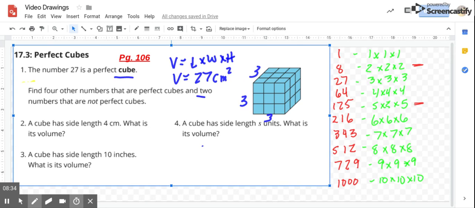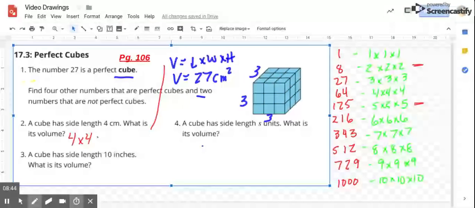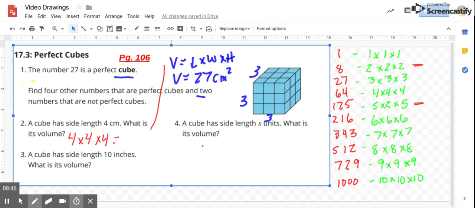All right, number 2. A cube has a side length of 4 centimeters. What is its volume? Once again, we are going to use that volume formula. So we would take 4 times 4 times 4. Luckily, I already did that work over on the right-hand side. It's going to be 64.